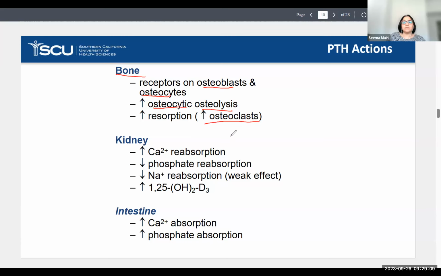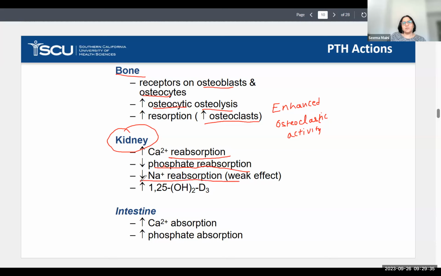So overall, there is enhanced osteoclastic activity. All right. In the kidneys, it increases calcium reabsorption, but it decreases phosphate reabsorption.